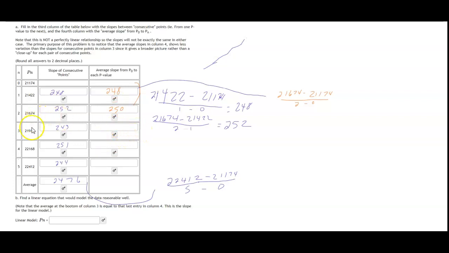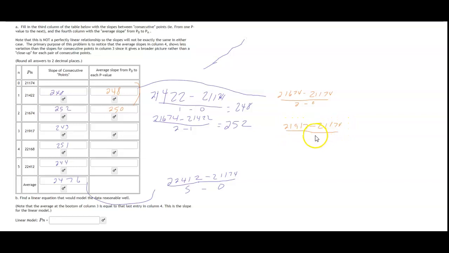Now we'll go to the 21,917, the third point, minus the 21,174. So you see we're comparing p sub 0 each time, we're spanning a broader spectrum. That's what the average slope is. So we're going to get 21,917 minus 21,174.